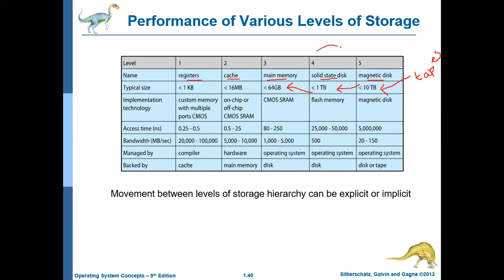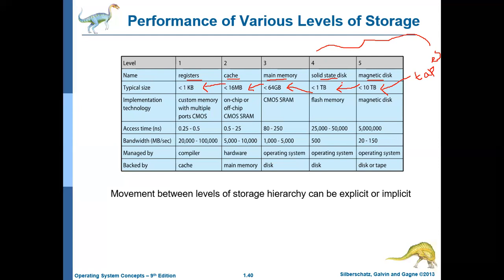All these are permanent storage devices, whereas starting from main memory, these are volatile. The more frequently used content from main memory will be copied to cache memory, and from cache memory, the data which is most frequently used will be copied to registers.